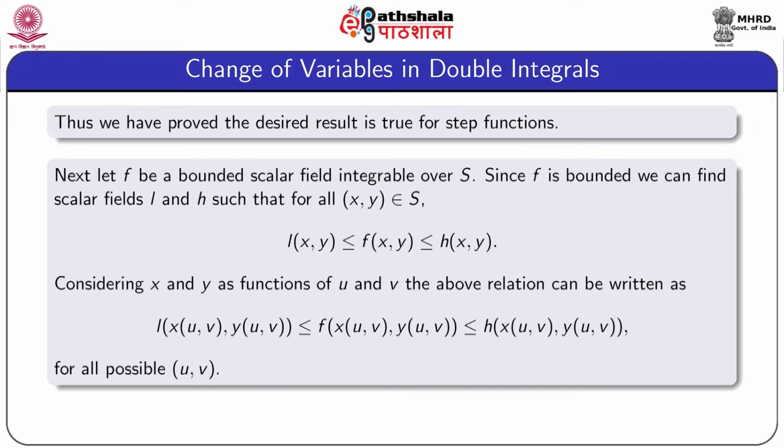Next, let f be any bounded scalar field integrable over S. Since f is bounded, we can find scalar fields l and h such that for every (x,y) in S, l(x,y) ≤ f(x,y) ≤ h(x,y). Considering x and y as functions of u and v, the above relation can be written as l(x(u,v), y(u,v)) ≤ f(x(u,v), y(u,v)) ≤ h(x(u,v), y(u,v)) for all possible (u,v).